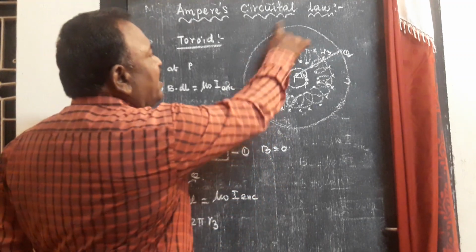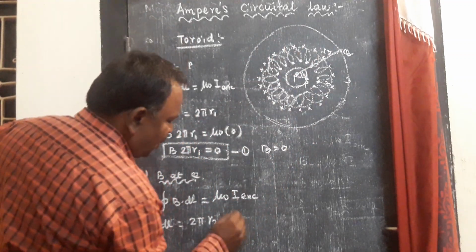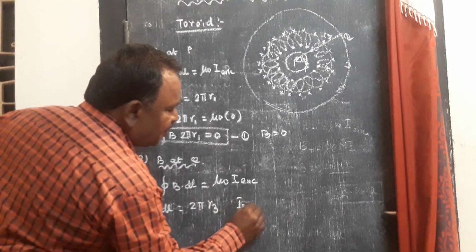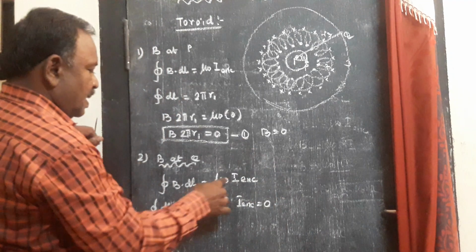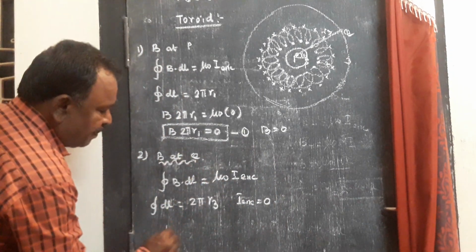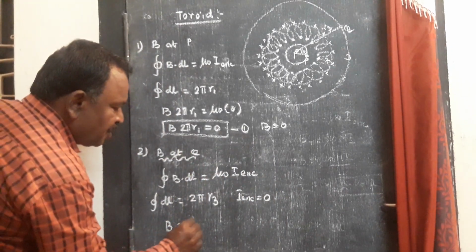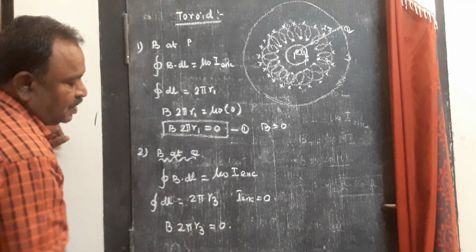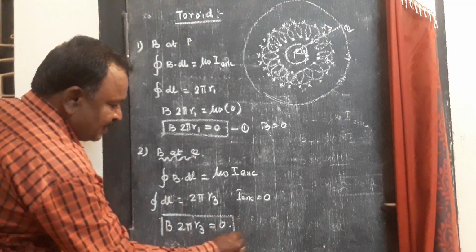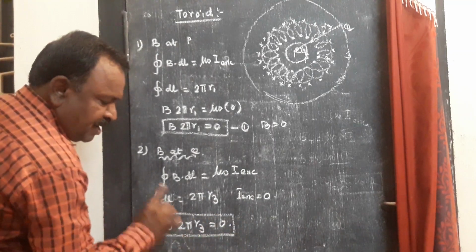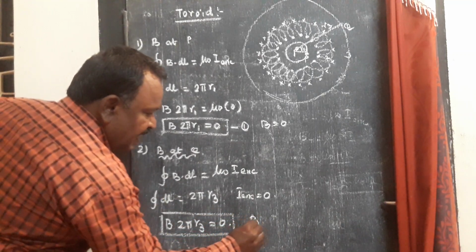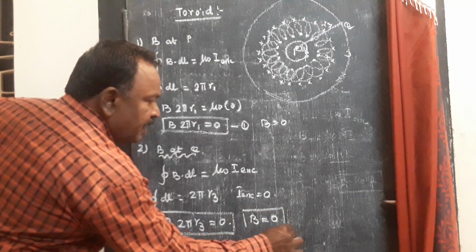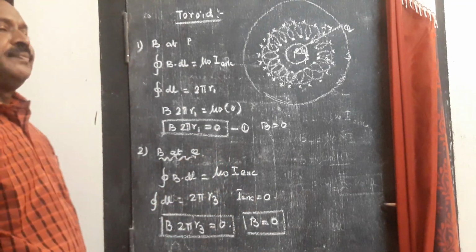Both the currents are enclosed by the Amperian curve. So here we will have I enclosed equal to 0. Therefore this expression will become B into 2 pi R3 is equal to 0. 2 pi R3 is not equal to 0. Therefore the magnetic field outside the toroid is equal to 0.